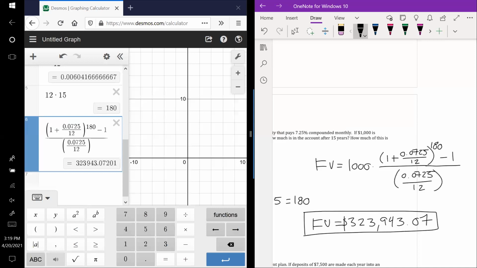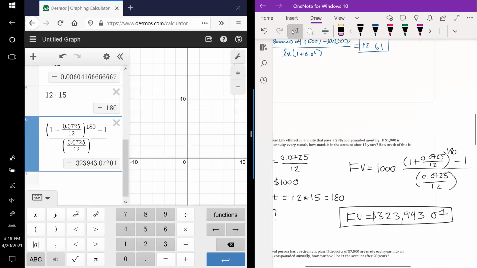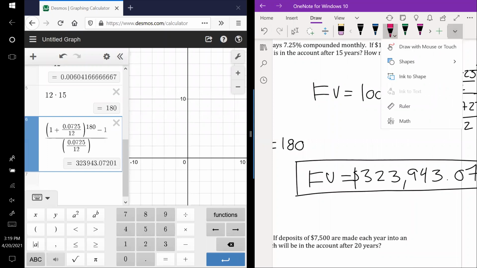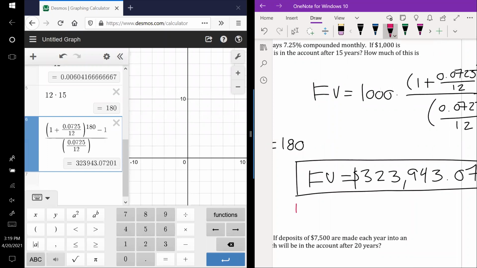So of course, this says how much of this is interest? Well, we deposited $1,000 every month for 15 years.